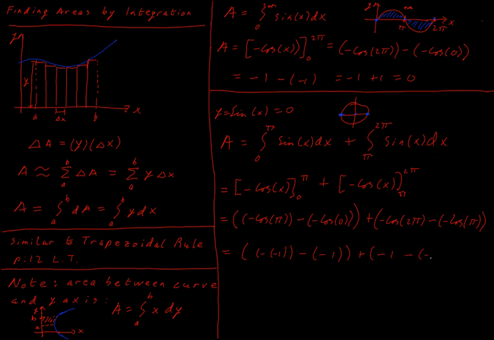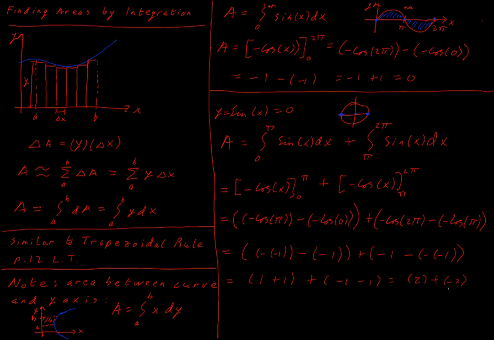Minus cos of pi is minus 1. It's a little bit messy, but so long as we do each step little bit by bit, we won't run into any serious problems. So we end up with 1 plus 1 plus minus 1 minus 1 equals 2 plus minus 2.